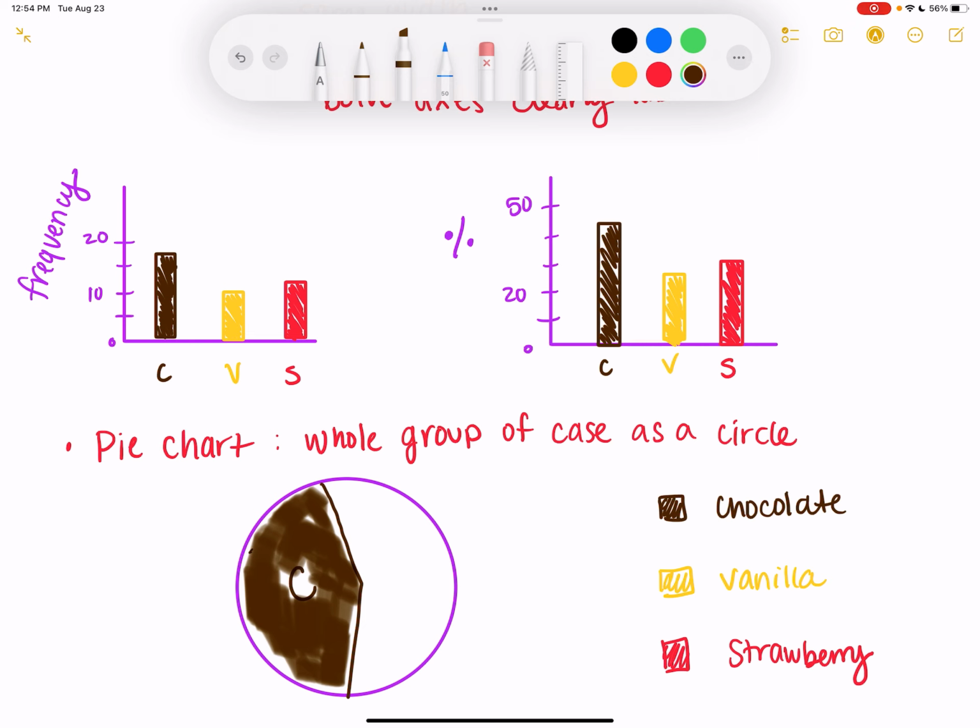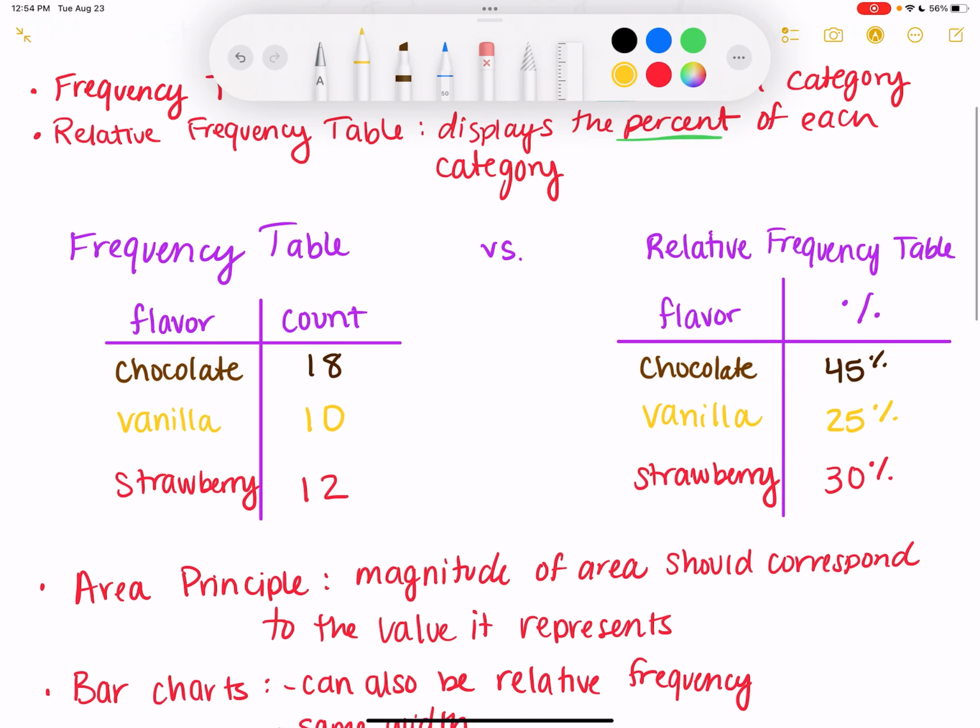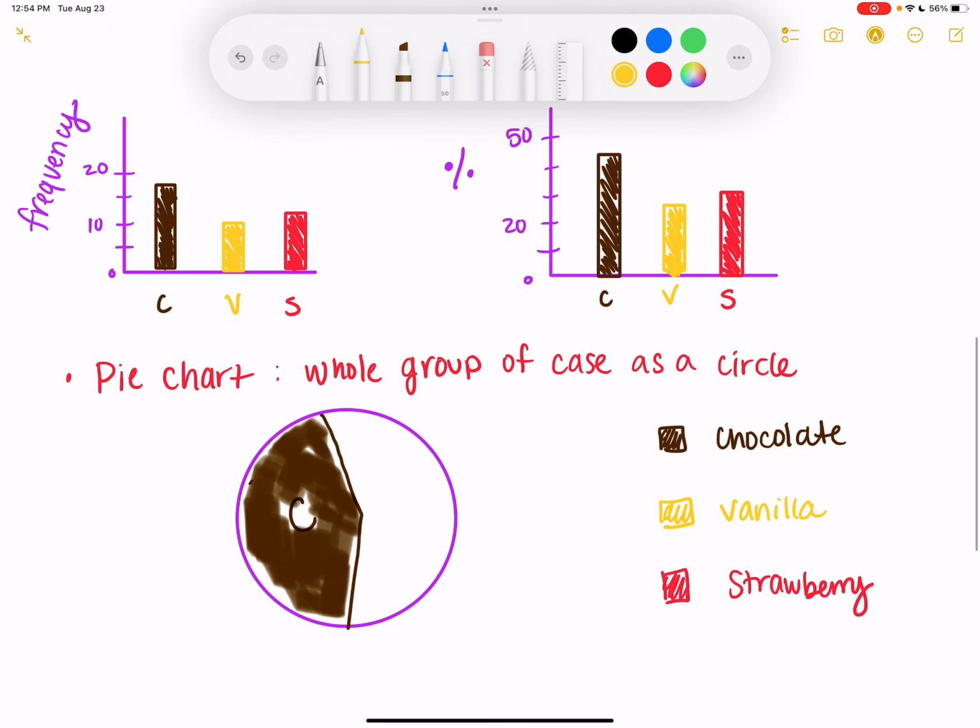And then vanilla was, let's keep going back and looking, 25%, so exactly a quarter of it. And then strawberries, obviously what's left over.